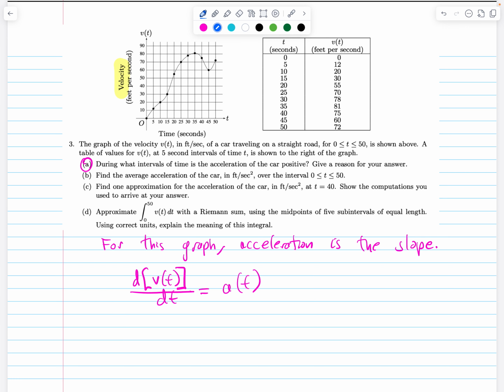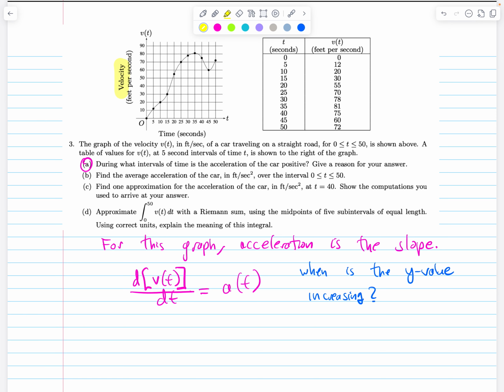Another way to think of this is, when is the y value on this graph increasing? Because as we've discussed before, a graph can only increase if its slope is positive, if the slope of its tangent line at every point along that interval of increase is positive.